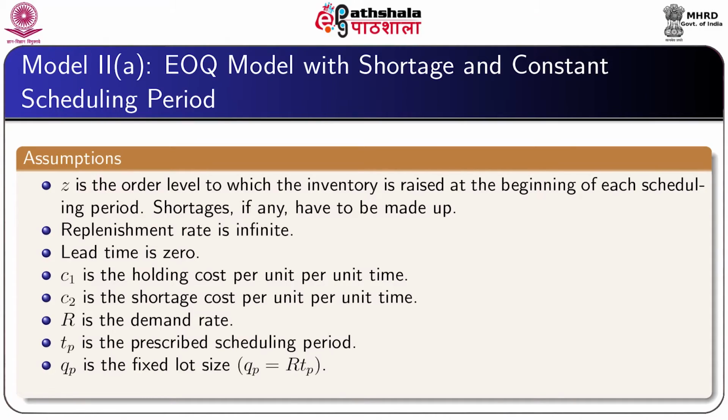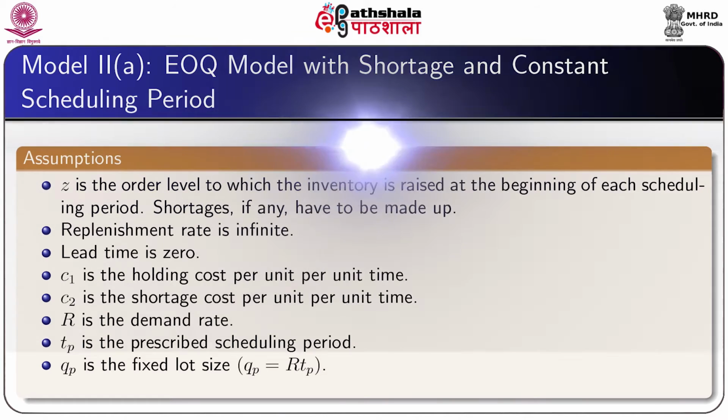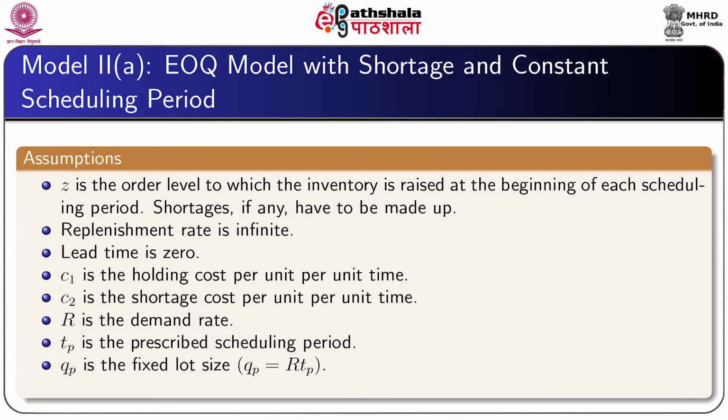Let us first develop an EOQ model with shortages, where the scheduling period is constant. The assumptions of the model are as follows. Z is the order level to which the inventory is raised at the beginning of each scheduling period. Shortages, if any, have to be made up. Replenishment rate is infinite, that is, replenishment time is 0.